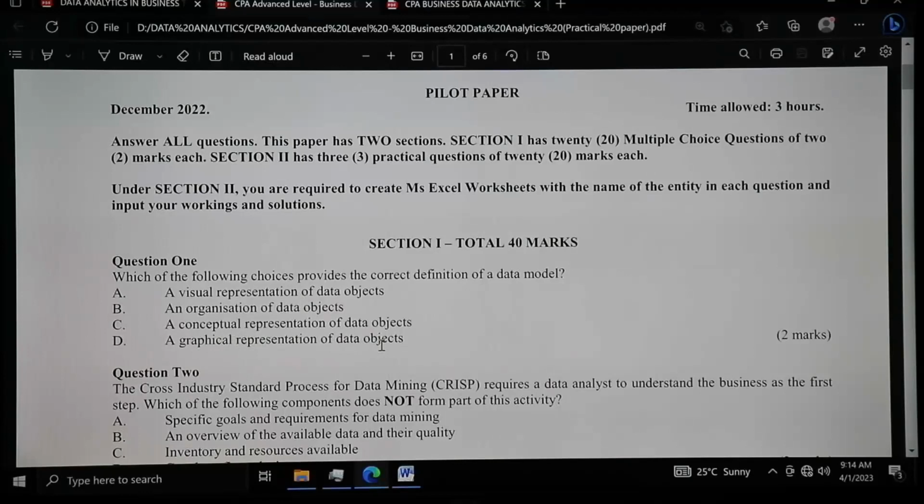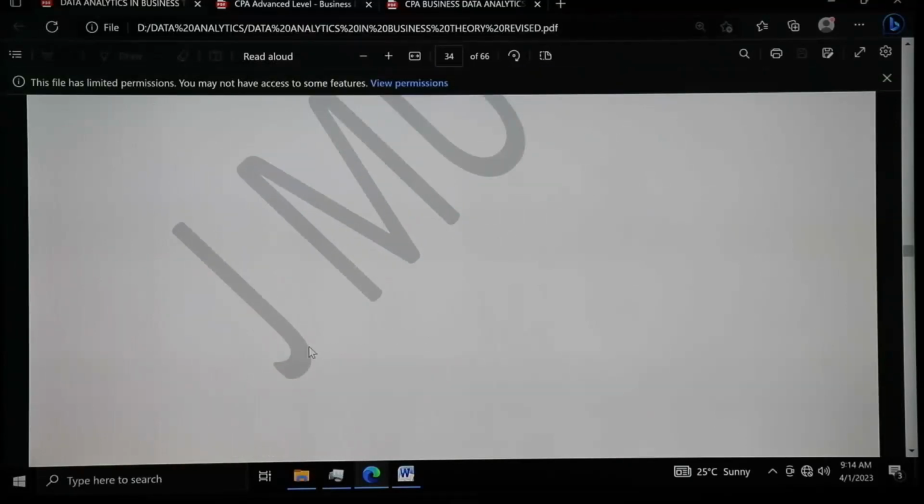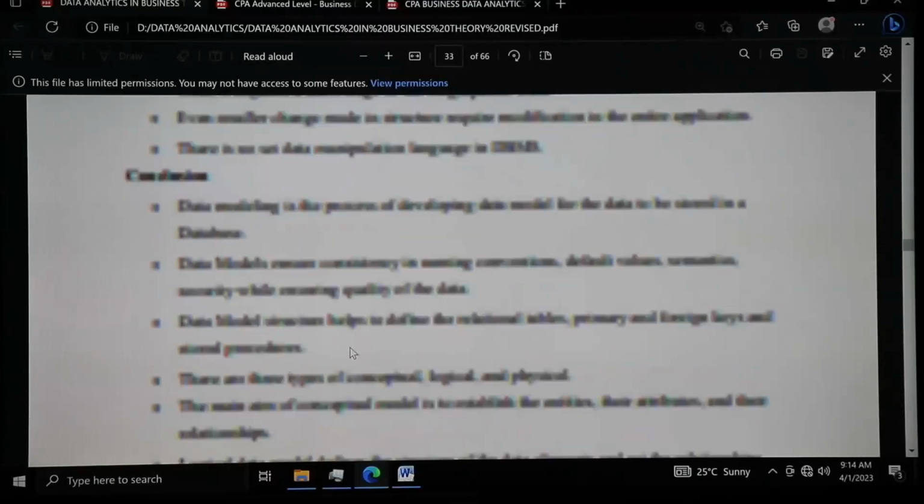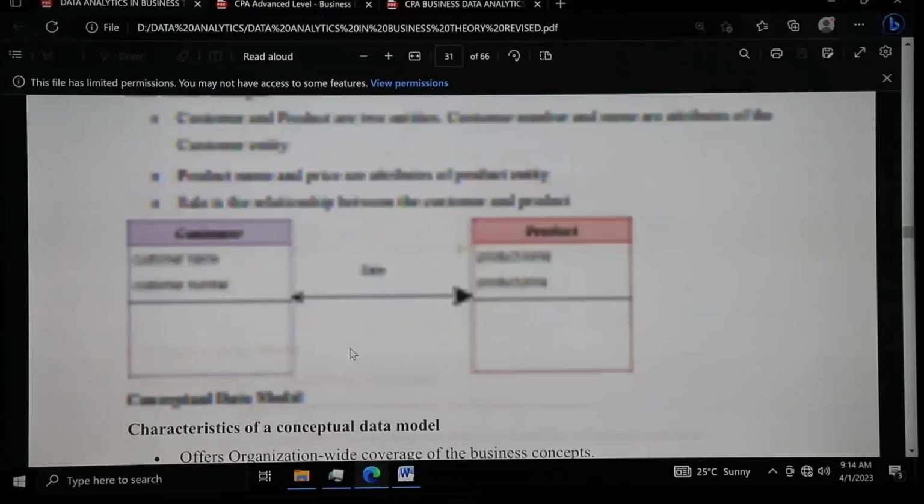So you are left with one clear choice: when you talk of a data model, we are referring to that organization of data objects. That organization, or structuring, of data objects is what we call a data model. If you go into deeper discussion of this, you'll understand more details about data models.